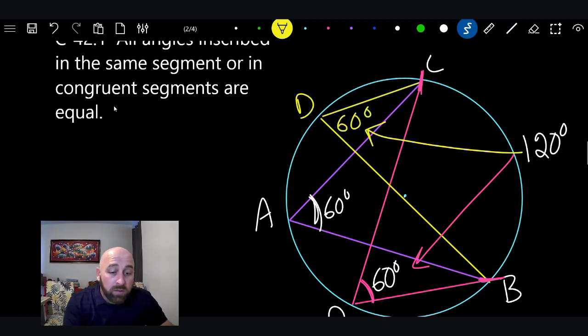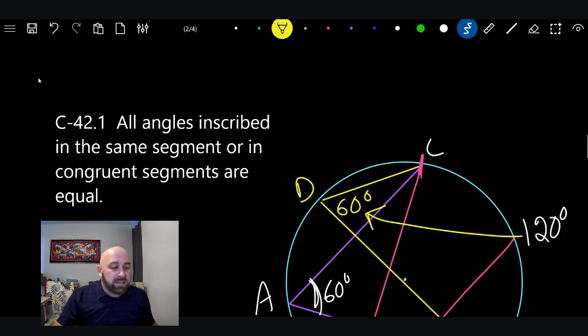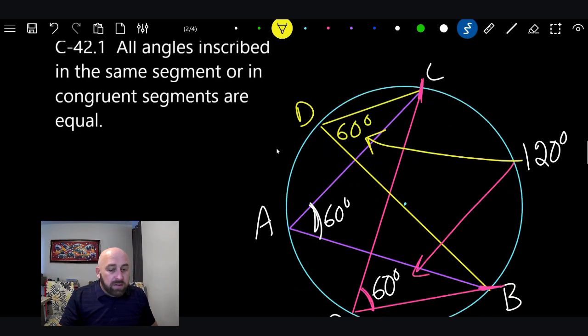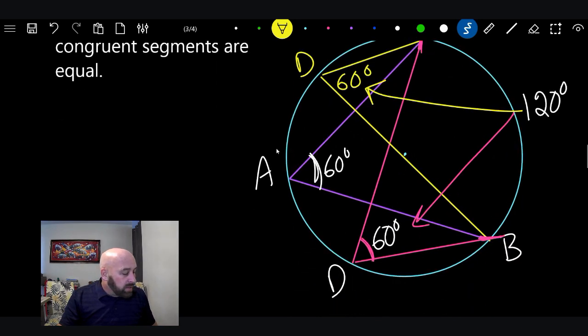How do we know that? Because it's also subtending the same arc. And that's what this is saying: all angles inscribed in the same segment or congruent segments are equal. So if we inscribe it in the same segment, it is going to be equal.